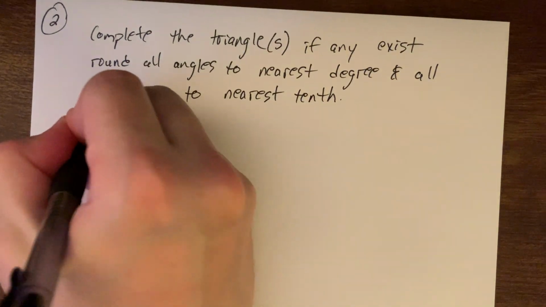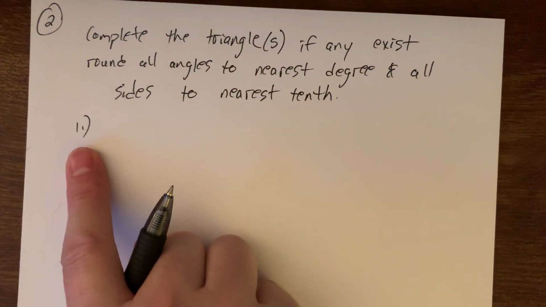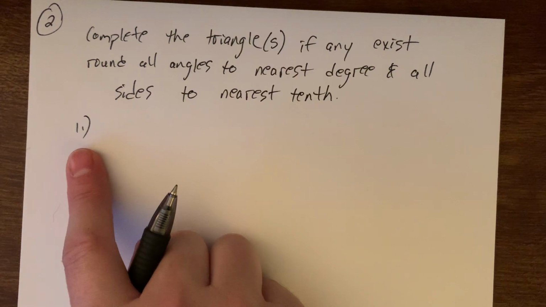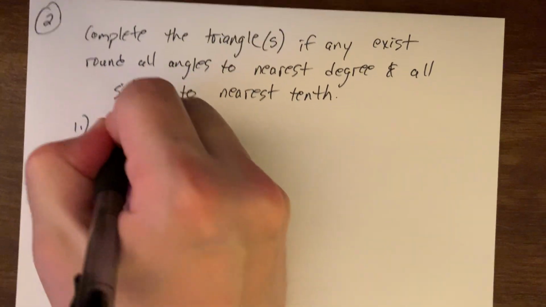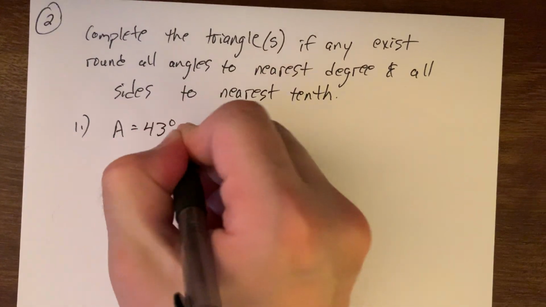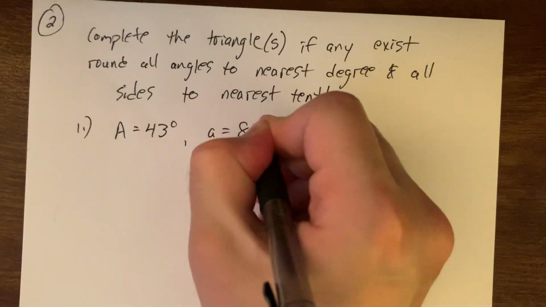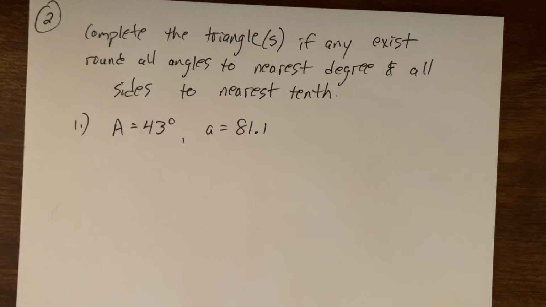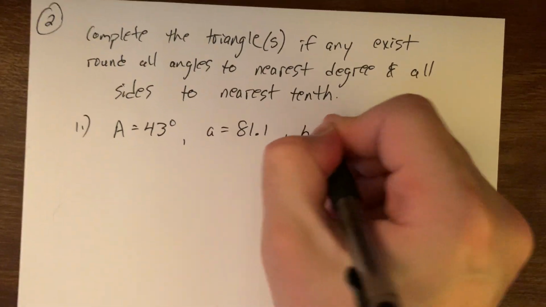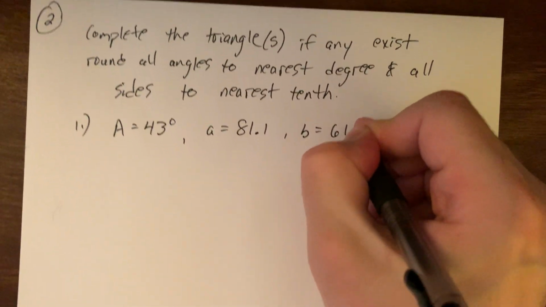And now, since we just slightly changed our directions, we'll call this problem number 1. Let's look at capital A is 43 degrees, little a is 81.1, and little b is 61.8.